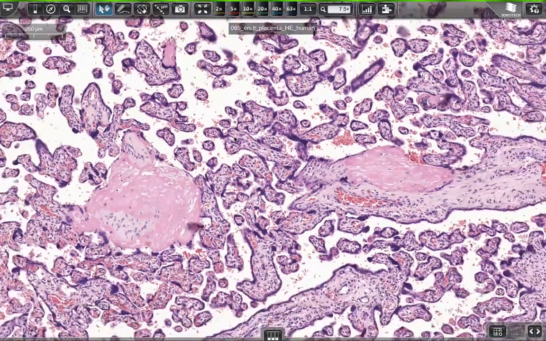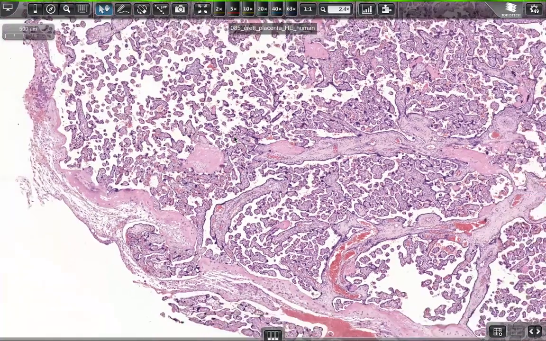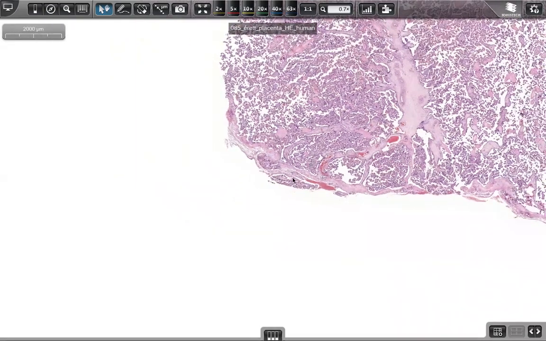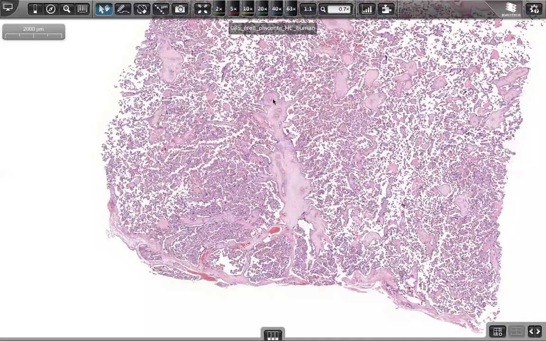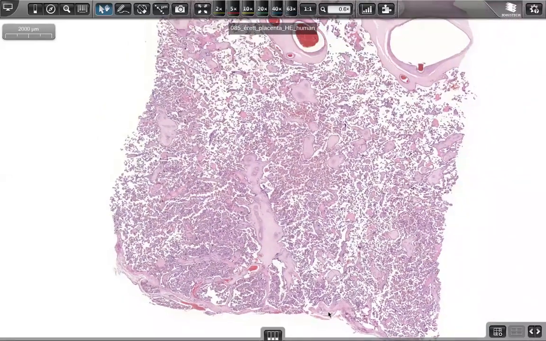And now we covered the placenta, especially the fetal side. Let's see the maternal side. But just before that, there is a long structure in the placenta here. That is an extremely long villus from the fetal side, and it reaches the maternal side. That's called anchoring villi. So these anchoring villi reach the maternal side.